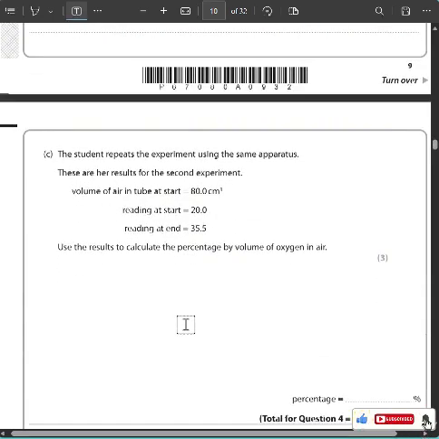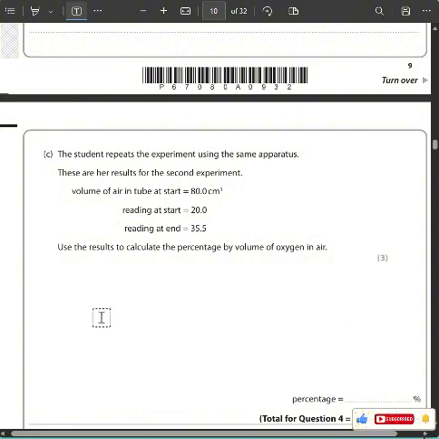And the next part. The student repeats the experiment using the same apparatus. These are her results for the second experiment. Volume of air in test tube at start 80.0 cm³, reading at start 20.0, reading at the end 35.5. Use the results to calculate the percentage by volume of oxygen in air.